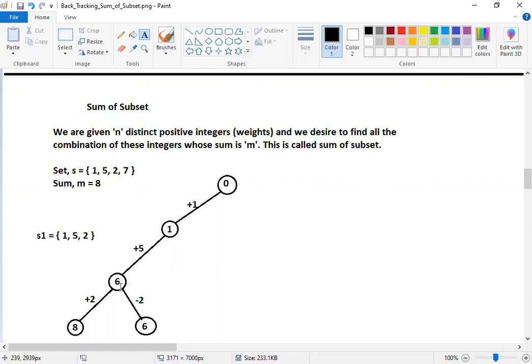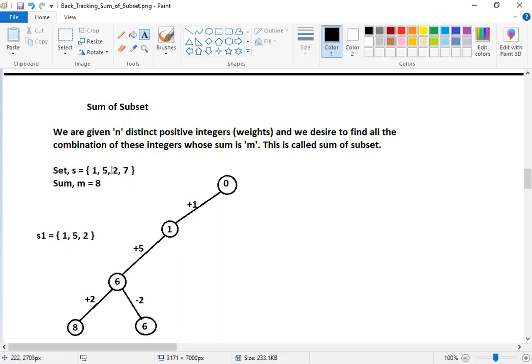You can think of something like this. In front of you, you have certain money. Assume that you have certain money. It is asked whether to pick those particular currency or not. So you may think that you want to make 8 rupees. Assume that there is a 7 rupee coin also. Then you will take the 1 rupee coin. Then plus 5 means you will take the 5 rupee coin. So that will make 6 rupees. Right?